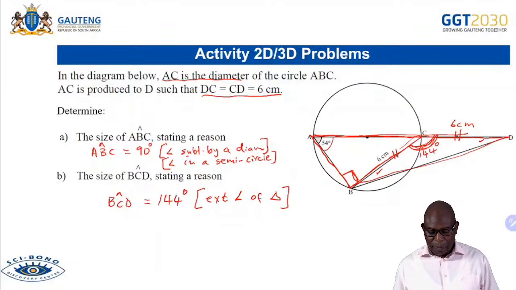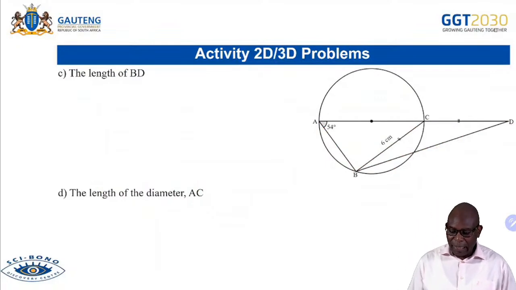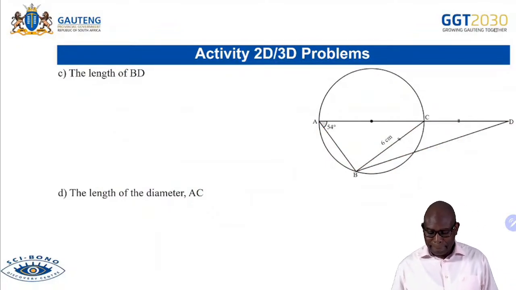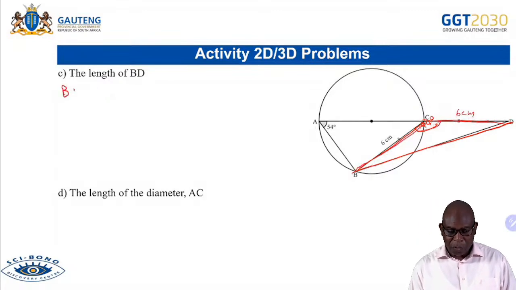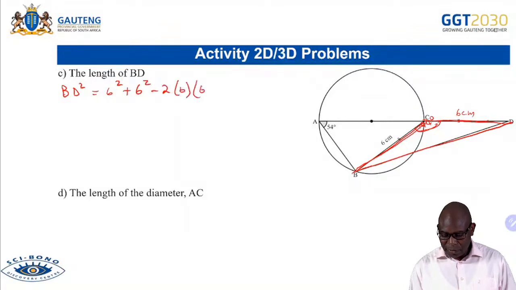Now the next one: find the length of BD. Isn't it that I know that angle is 144? This side is 6, that side is 6. Remember, which rule works on SAS? It's the cosine rule. So BD squared equals 6 squared plus 6 squared minus 2 times 6 times 6 times cos of 144.